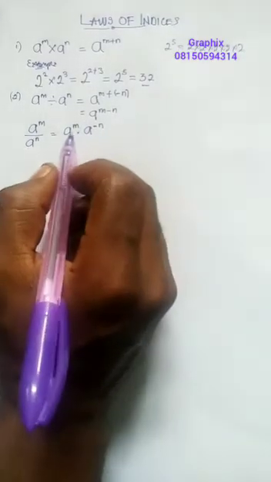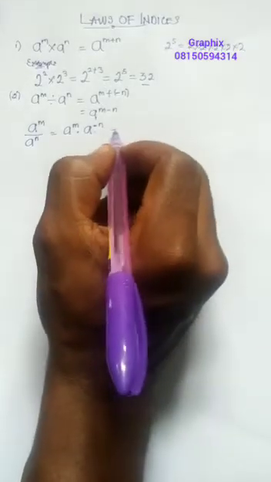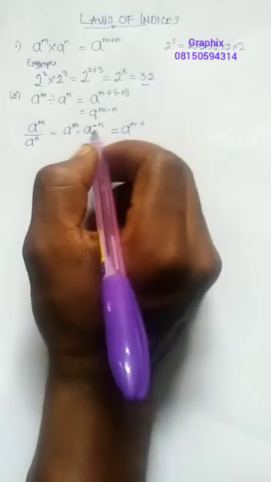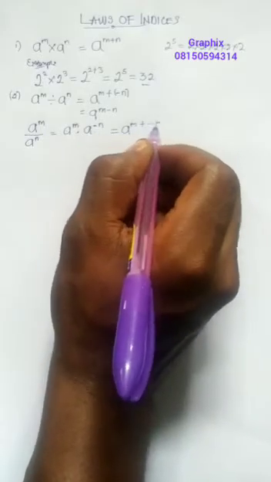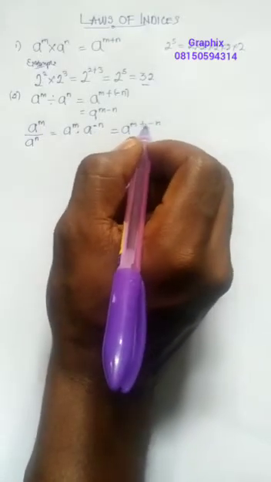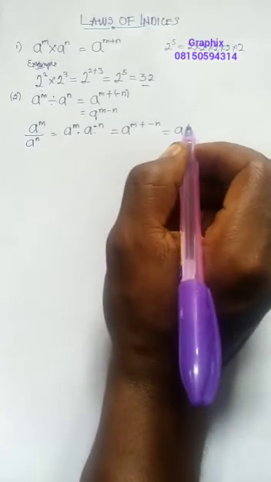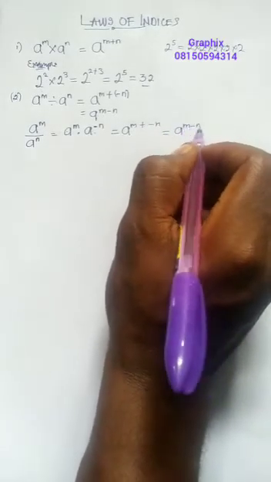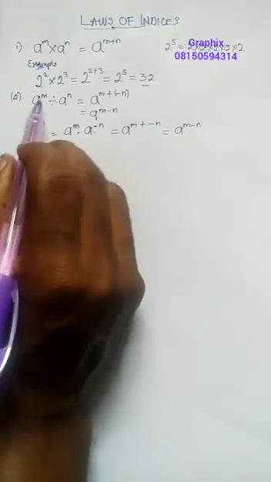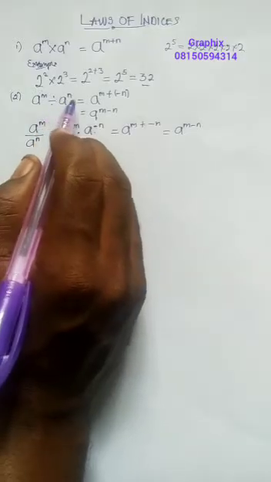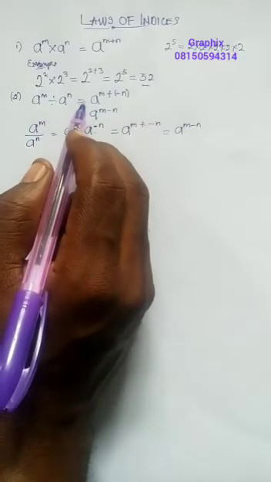So in the long run we have equal bases, so this will give me a to the m, the times here is plus, minus n. When you have plus times minus, you'll have minus, so we'll have a raised to the power of m minus n. So whenever I see the same base dividing each other, you're going to subtract the powers.